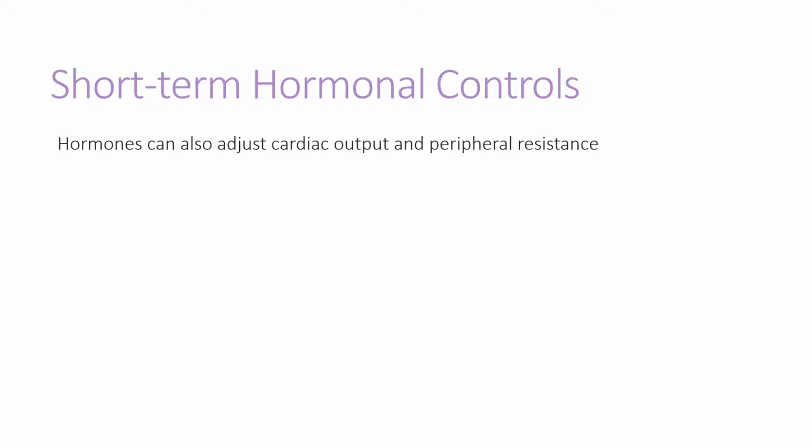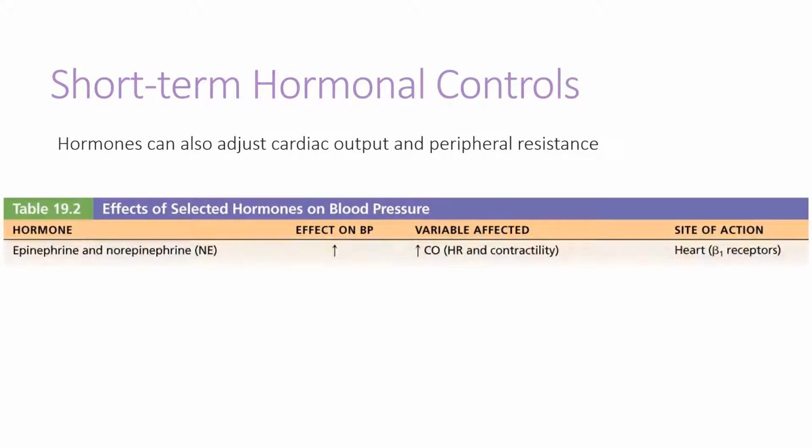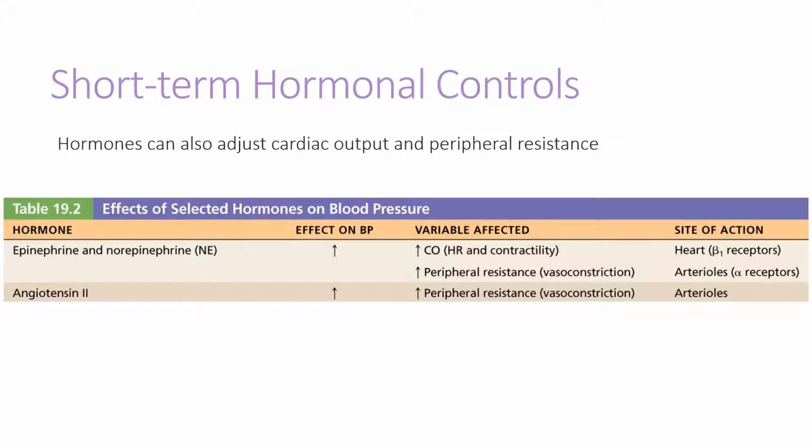Hormones can also adjust cardiac output and peripheral resistance to provide some short-term controls for blood pressure. Epinephrine and norepinephrine are hormones associated with a fight-or-flight kind of response, and the presence of either of those would increase cardiac output by increasing heart rate and contractility, but they also directly cause an increase in peripheral resistance by vasoconstricting arterioles.